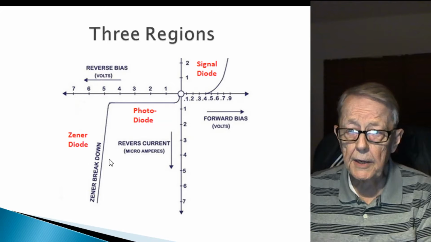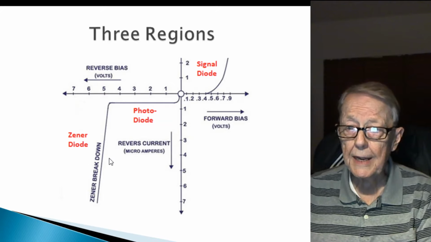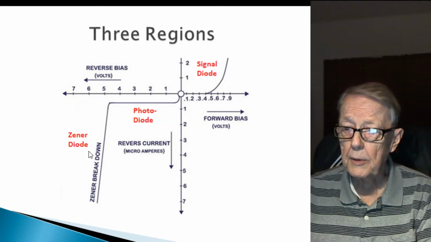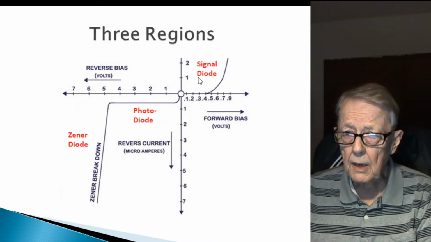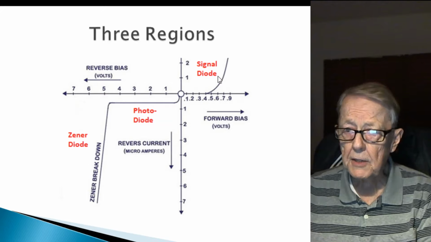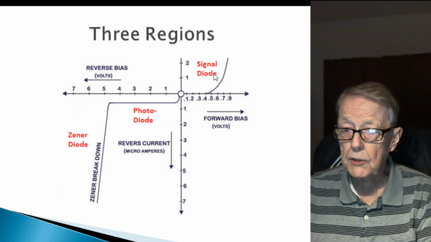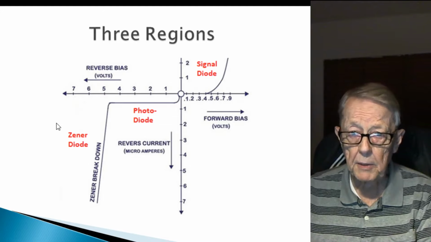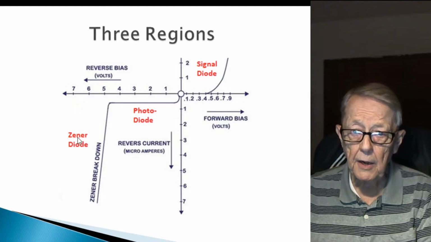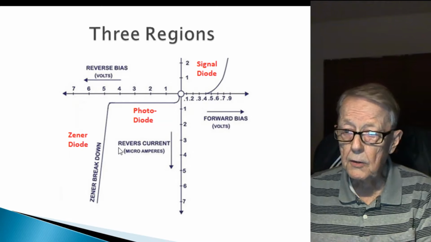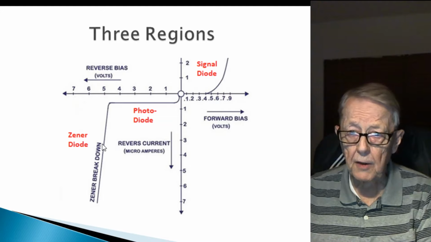Now, this is the slide I showed last time that shows three areas where the diode is being used. In the first quadrant, where the voltage is positive and the current is positive, the signal diode is used for logic circuits and even analog circuits. Last time I talked about the Zener diode, and it uses the Zener breakdown region as its place to function.